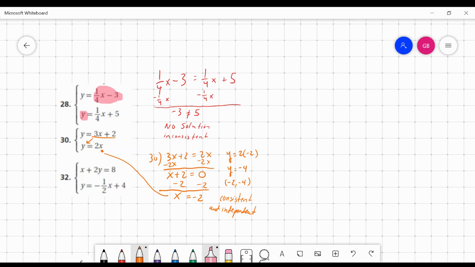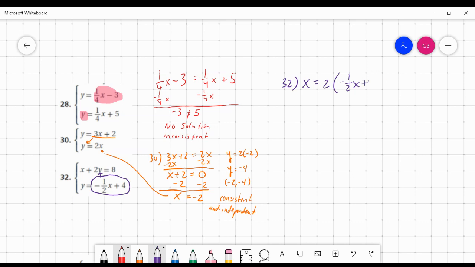Okay, 32. Since y is negative 1 half x plus 4, I'm going to plug that in here. Sorry, I don't know why that turned into red.